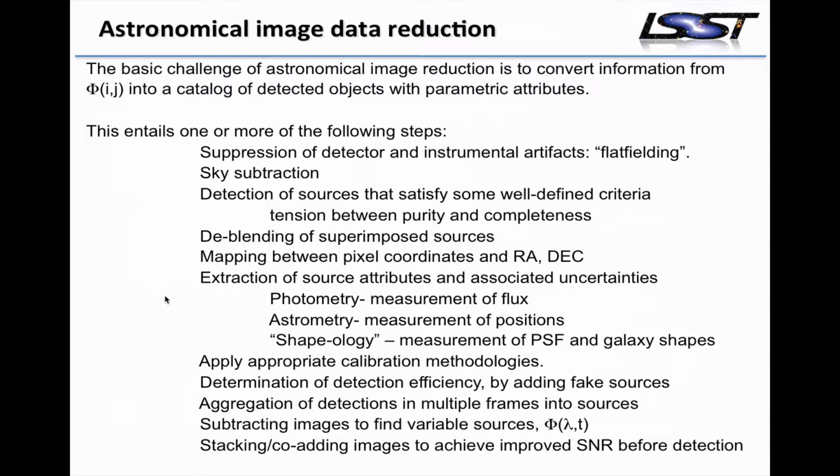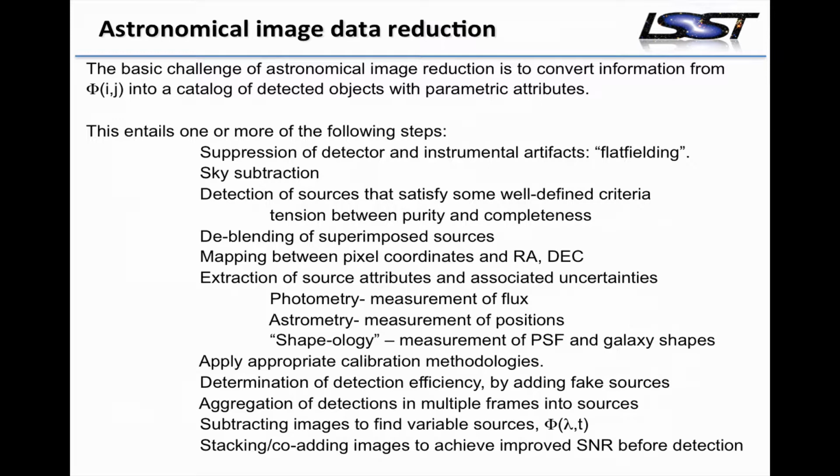Then for all the sources that we have, based on the flux that we see and their shape, 3 different types of astronomical measurements are made on these sources. Photometry is the measurement of the flux that has arrived at the telescope pupil from that source. Astrometry is the measurement of the position of that object in the sky in some right ascension declination coordinate system.